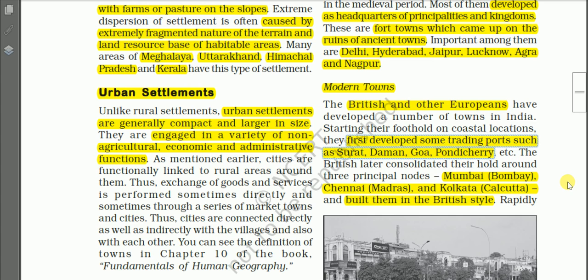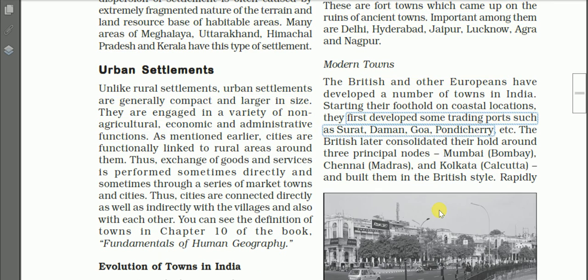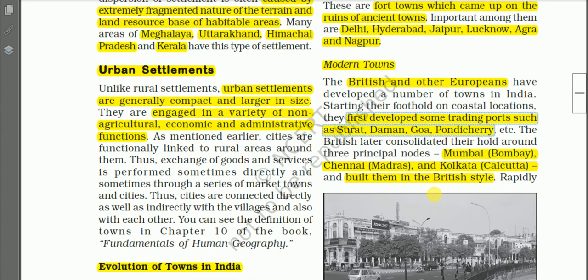The British and the Europeans first started establishing towns in the coastal areas, and they developed those towns as trading ports, which were used for the export and import of commodities. For example, Surat, Daman, Goa, Pondicherry, etc. Then the British later consolidated their hold around three principal knots.